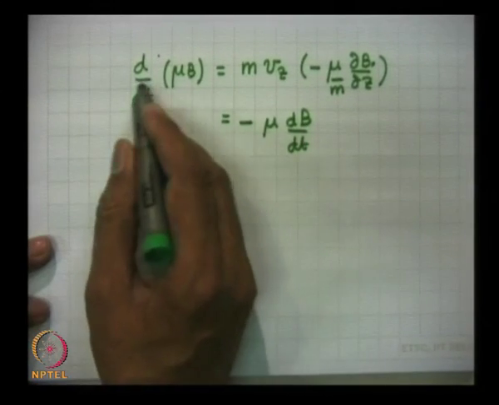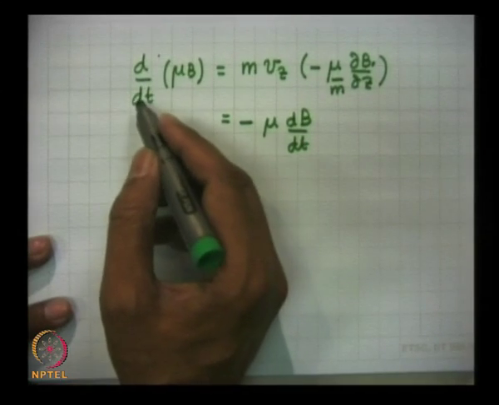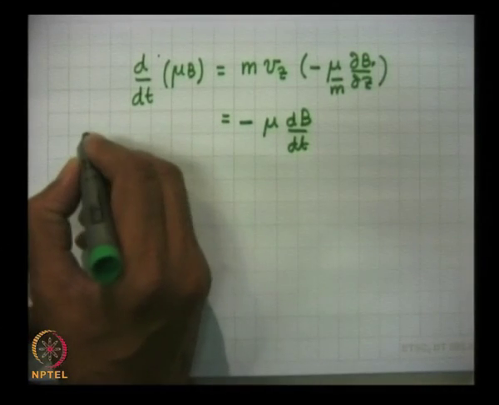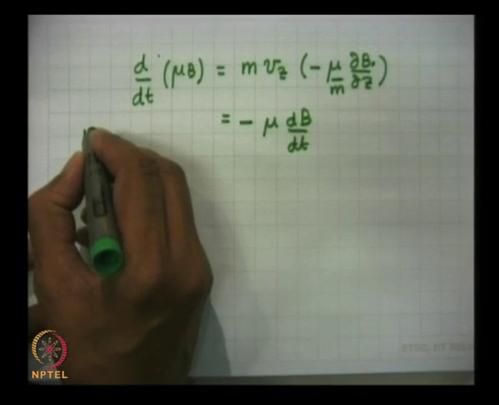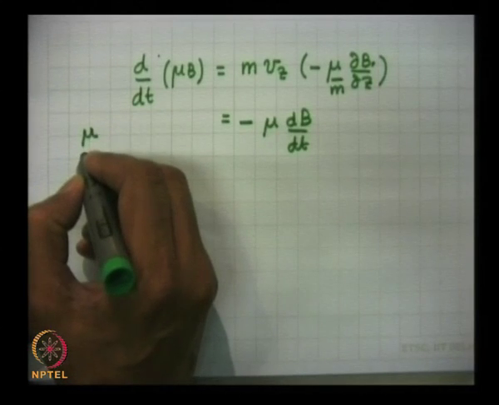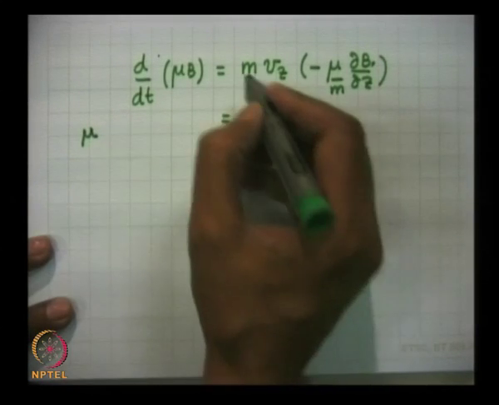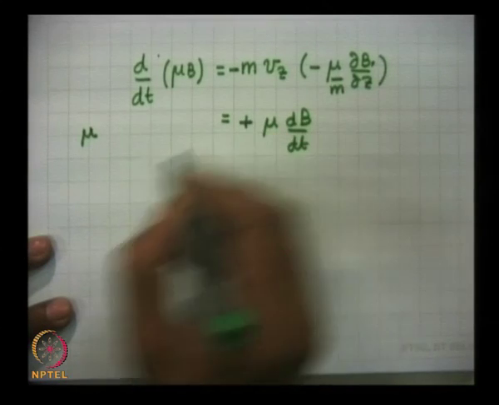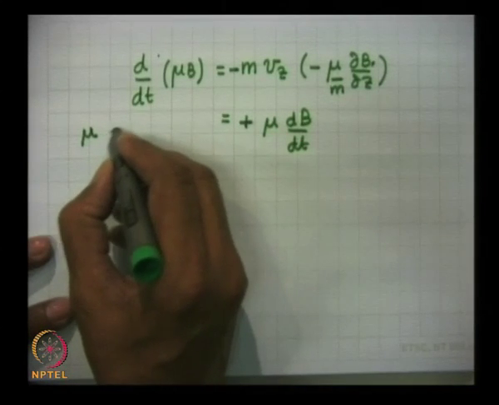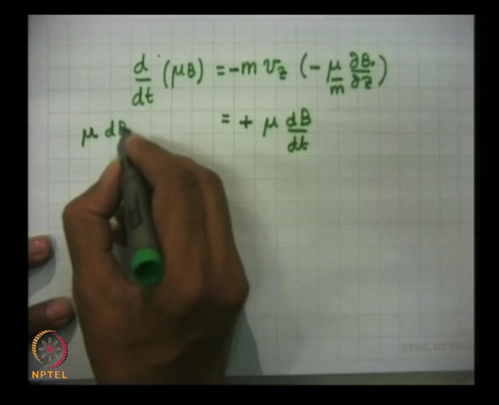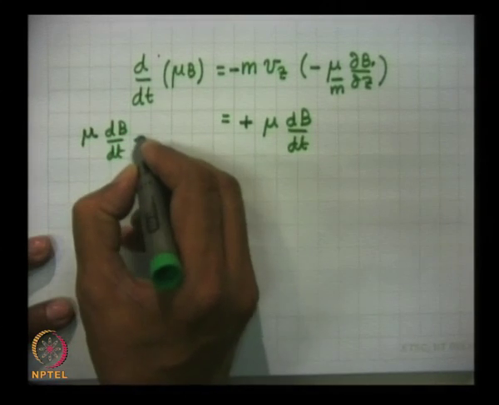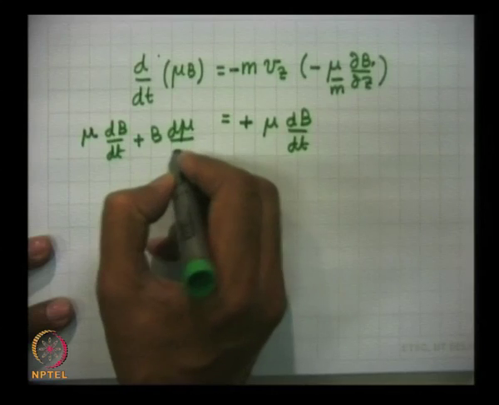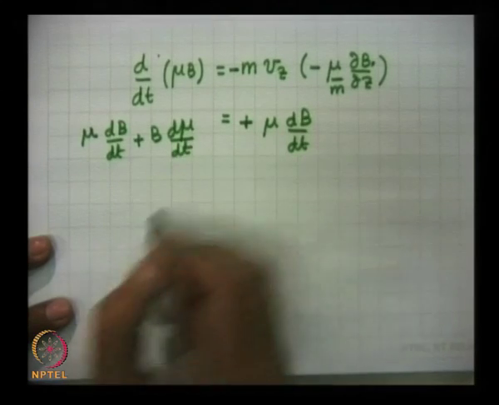If I break the left hand side by using the product rule for differentiation, I get two terms here. Sorry, there was a negative sign also there, outside was a negative sign. So, this becomes plus, and you will get mu dB by dt plus B d mu by dt is equal to this.